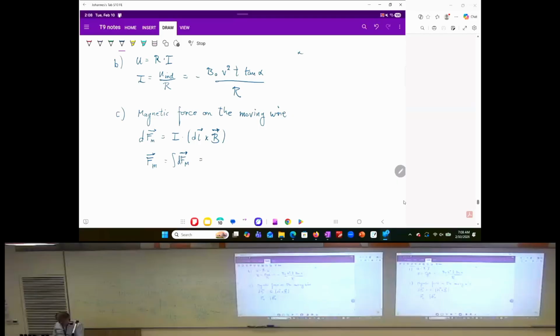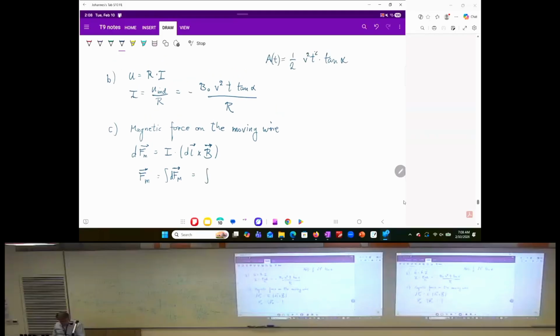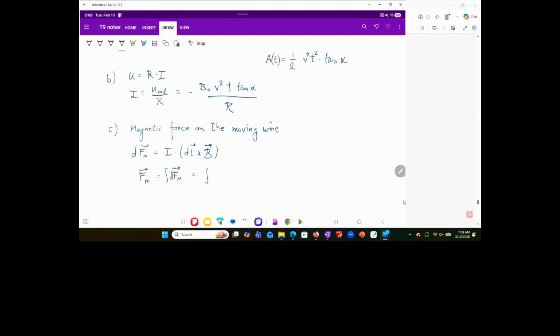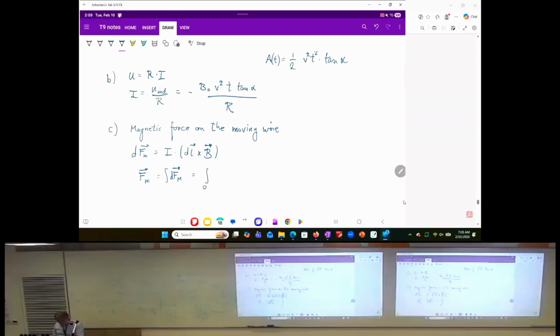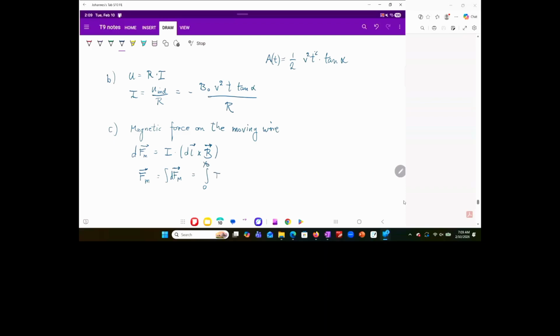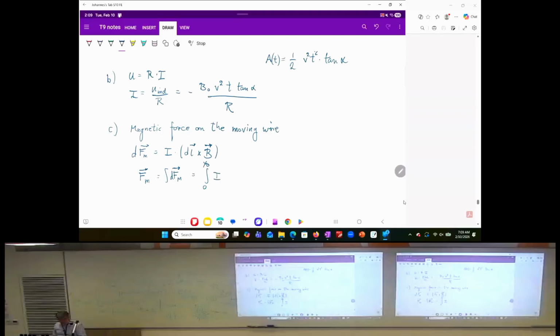For the sliding wire, we integrate for y from 0 to yb. And the current here is, again, I. The magnetic field is B0, and it is directed in z direction.